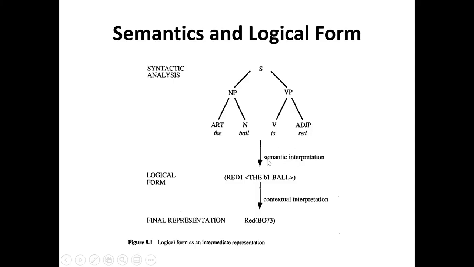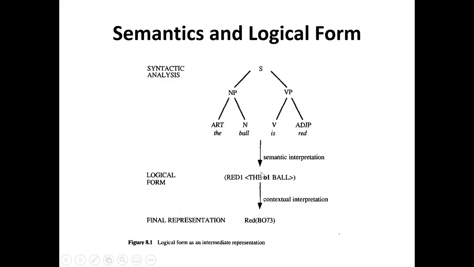But then we have to represent it in a logical form. How can we show that? That is like, B1 is a ball which is red. Now this doesn't have any context. We have just represented it in a context independent representation. We call it the logical form.